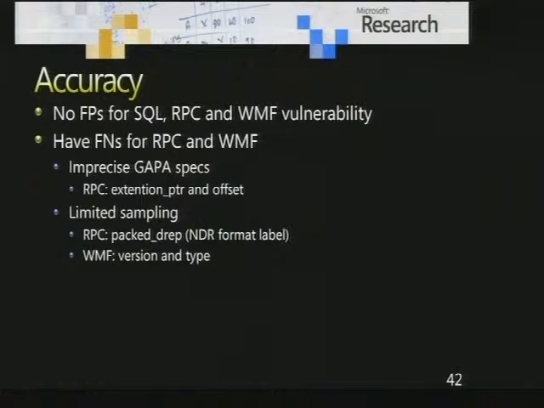Then we draw a wrong conclusion, saying, oh, the version number must be 1.1. Just an example. Then we'll miss any WMF exploit that has a different version number. This is the constraint of limited sampling.